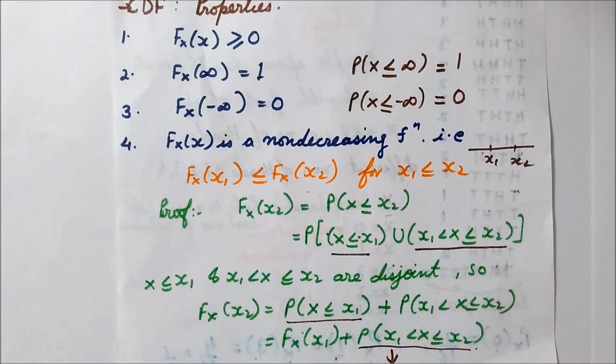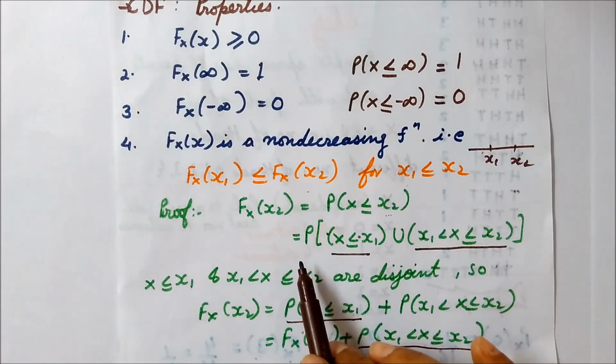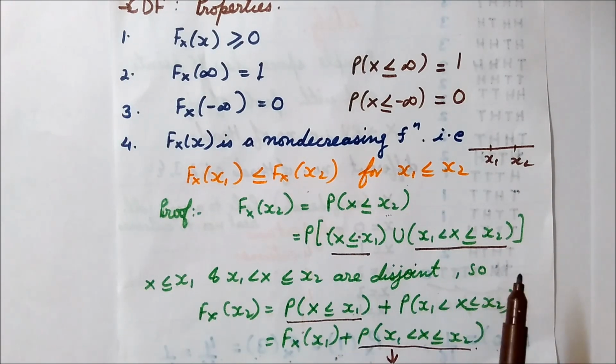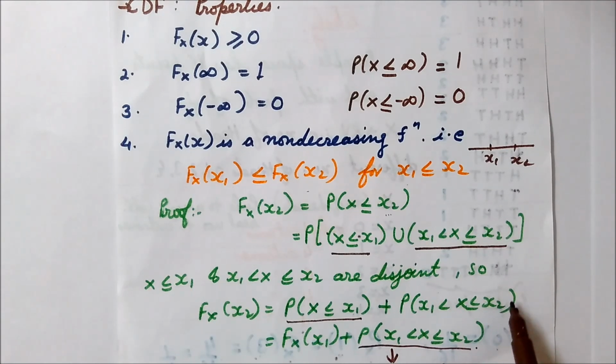These two events are disjoint, and we know that the probability of two disjoint events is equal to the sum of their individual probabilities. So we can write this as the probability of the random variable having a value less than or equal to x1, plus the probability of the random variable being greater than x1 and less than or equal to x2.